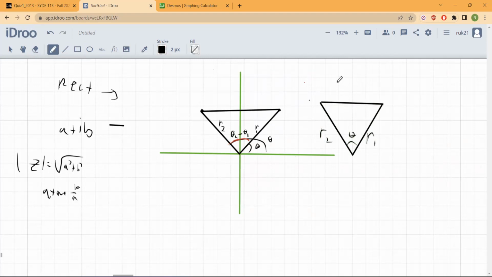We can calculate this distance using cosine law. If we name this A, then A is equal to the square root of R1 squared plus R2 squared minus 2 R1 R2 cos of theta. That's the one thing I wanted to remind you. This is how you calculate distance in polar form.